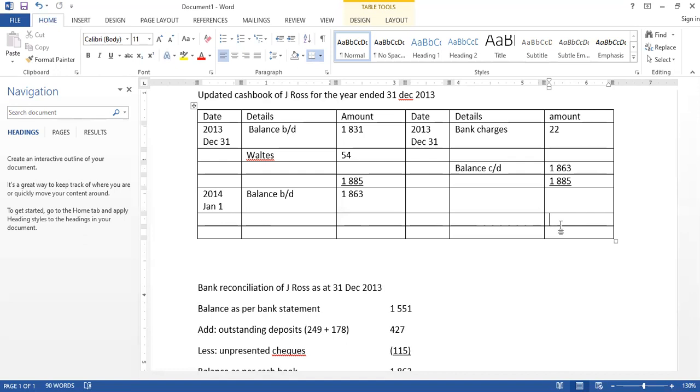We have 5 steps involved when drawing up financial statements of incomplete records. If you just go through all the steps and you're able to do all the steps, then believe me, it will become very easy for you. Okay. So we can do that tomorrow.